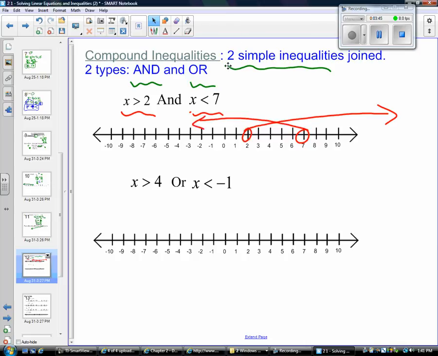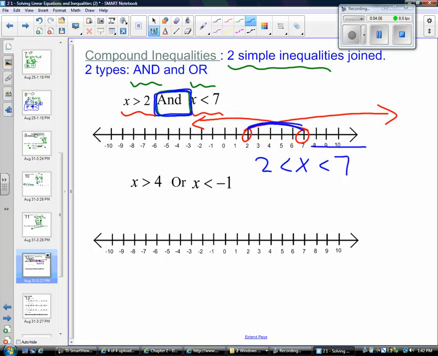Now, to actually finish this question, we're saying where do both of these inequalities overlap? So what are the answers that are one and the other? So we're saying where do the lines overlap? Well, they overlap between 2 and 7.